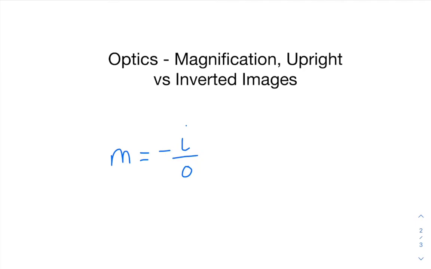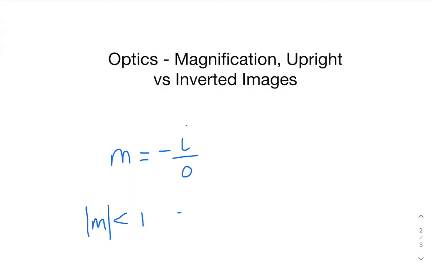And then if the image value that you have when referencing these image and object distances, if the image is smaller, well then that means that your object appears to have shrunken a little bit. So for your magnification, and we want to look at this in terms of absolute value, so I'll say absolute value of magnification.